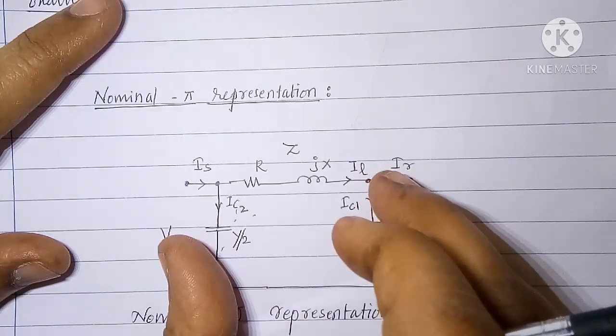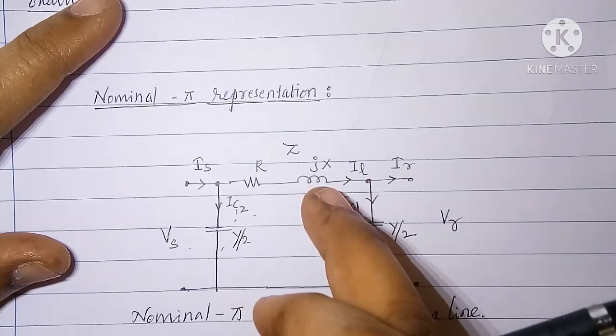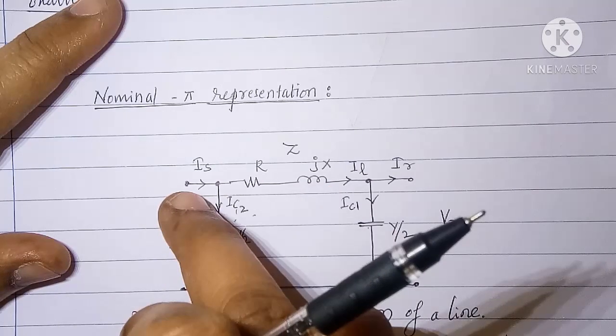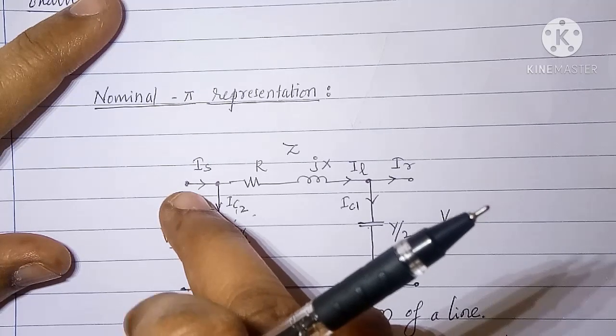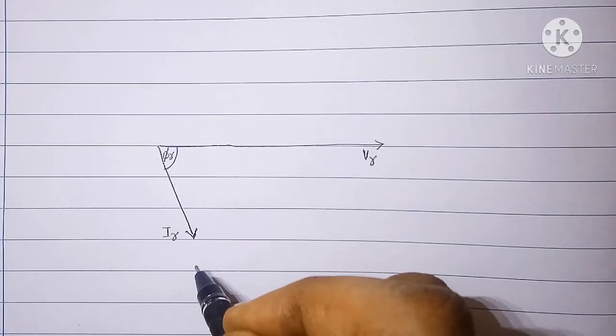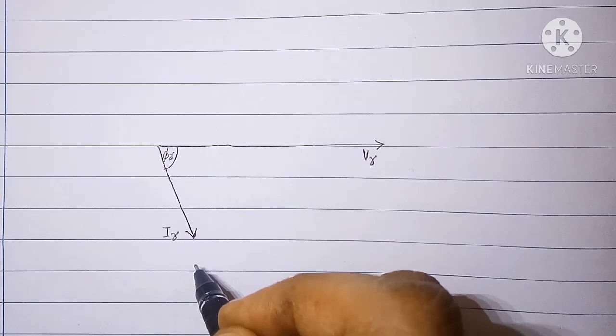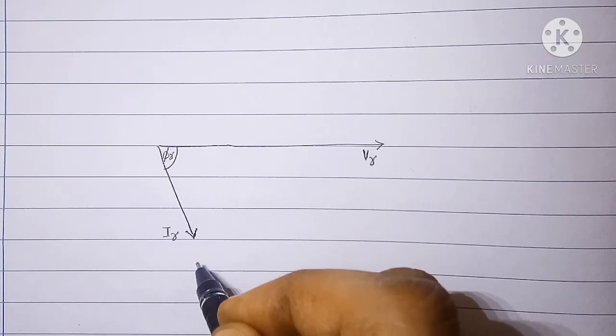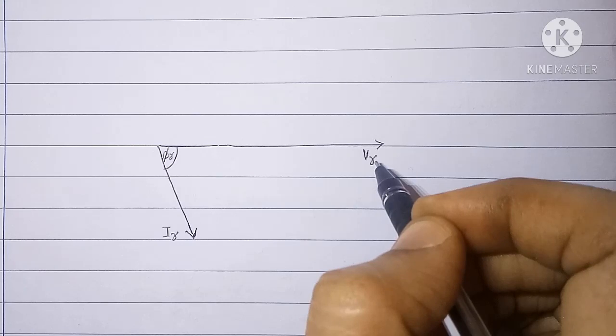So we can show these IL and IS in phasor diagram as sum of the respective currents. So now we will get first IL. IL is IR plus IC1 and IC1 is capacitive current, therefore it will be at 90 degree to the voltage across it. The voltage across capacitor is equal to the receiving end voltage VR.